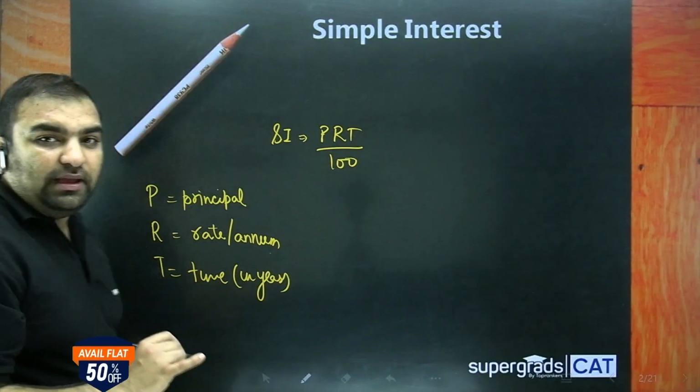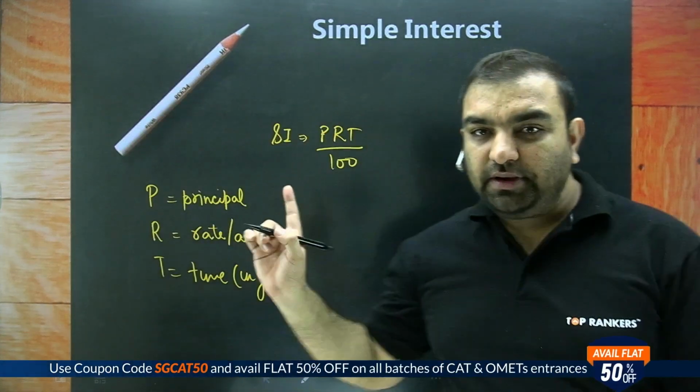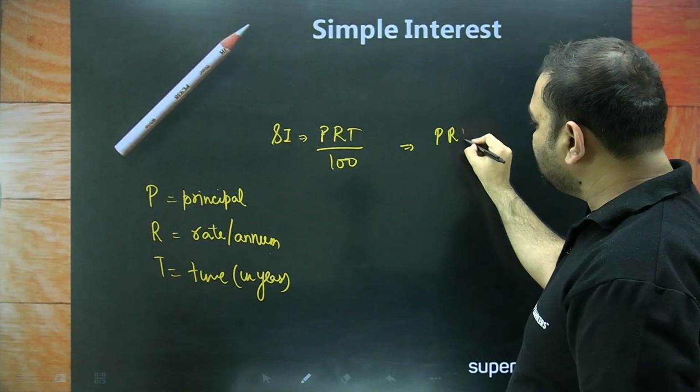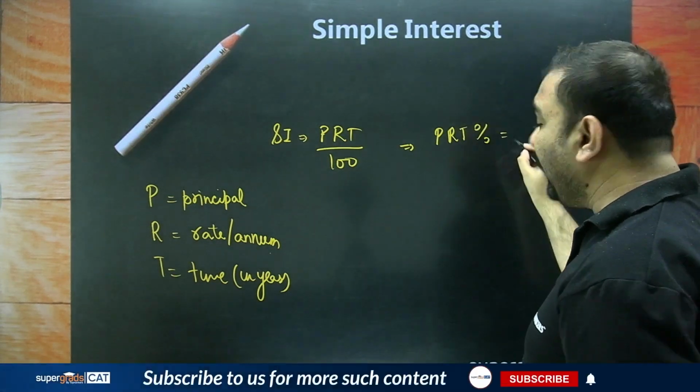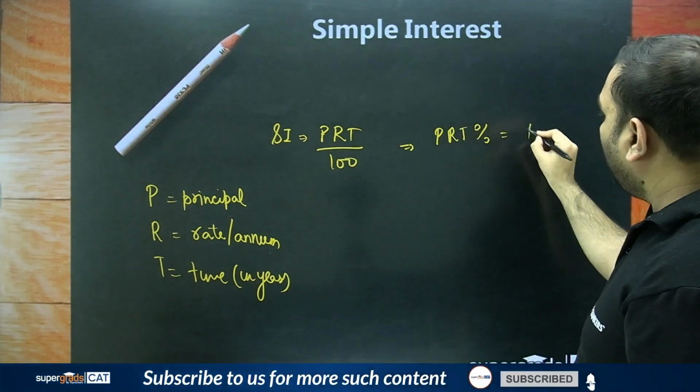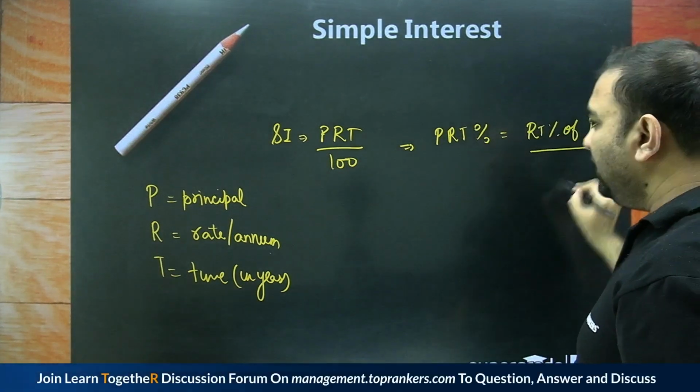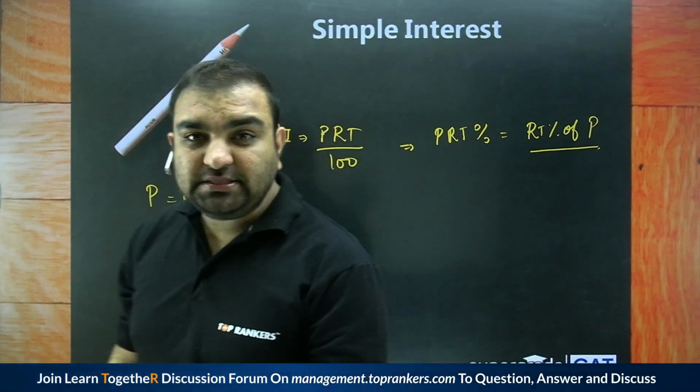So SI can be calculated in this manner. Now this 1 upon 100 is a very familiar number, it denotes the percentage as well. So you can decode this as RT percent of principal. SI is RT percent of principal.